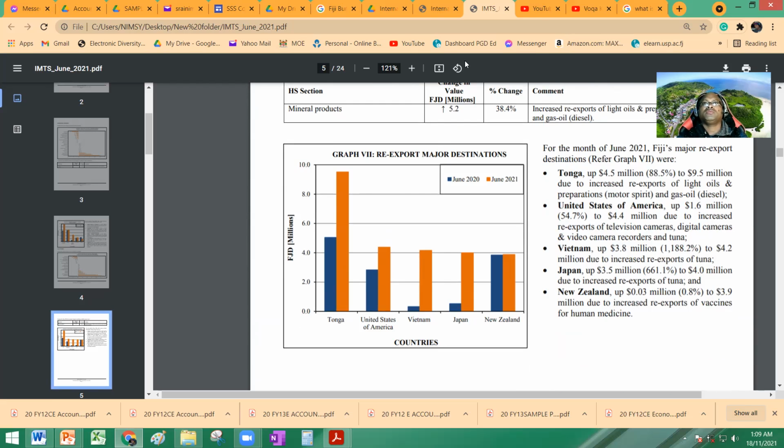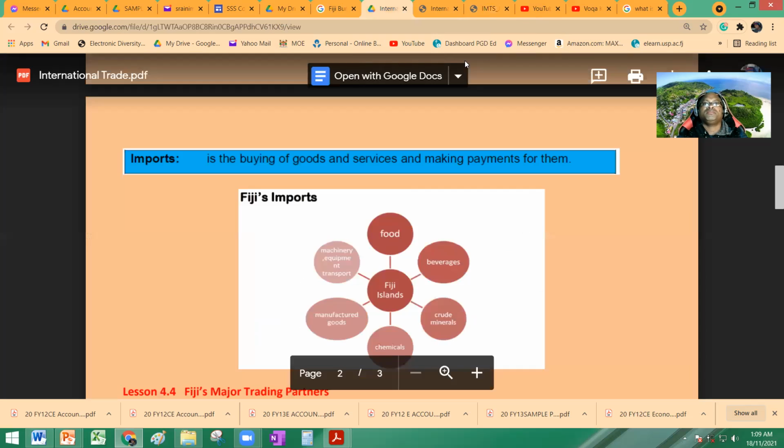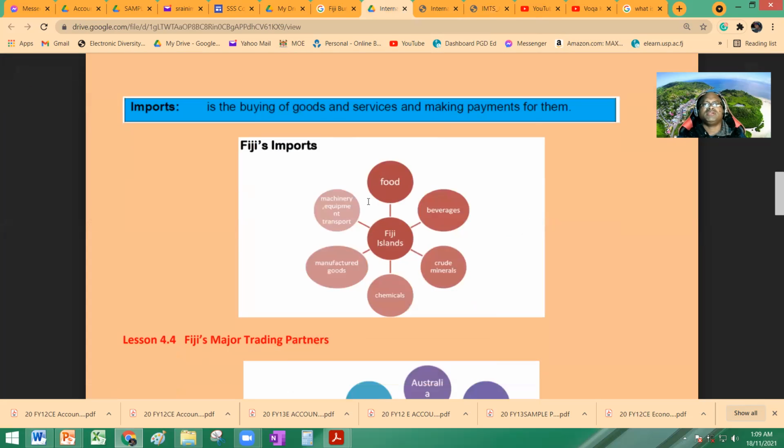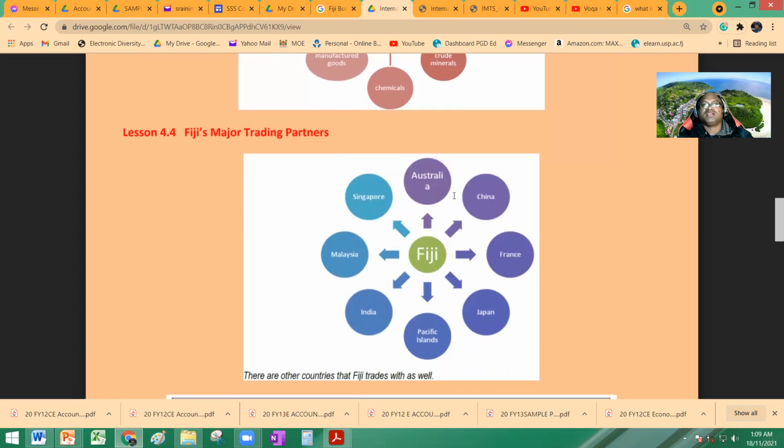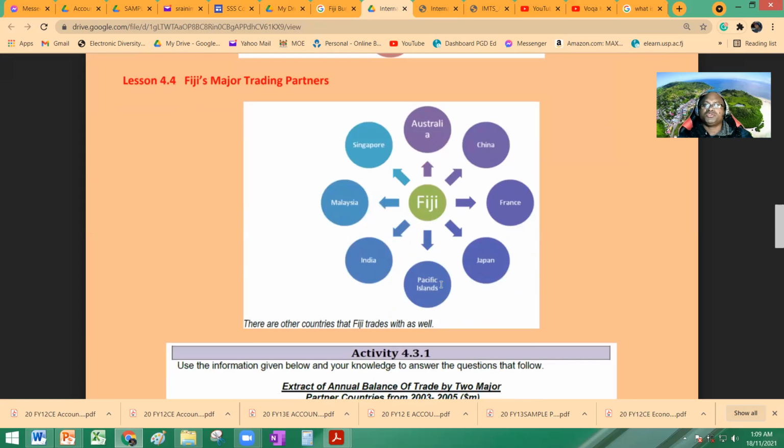Over here you just have 1, 2, 3, 4, 5, 6 items only, and in that list is more than 6 items. These are countries we normally trade with, but there are many more not in this list.